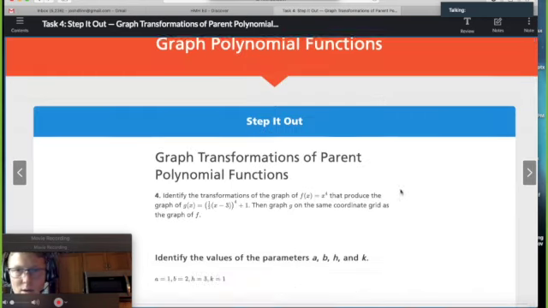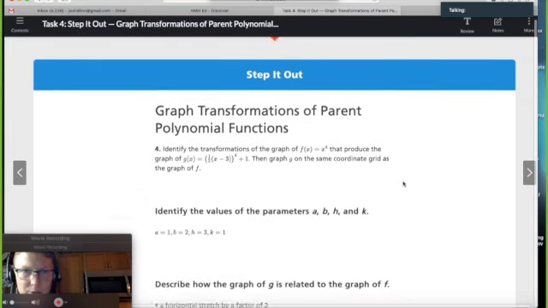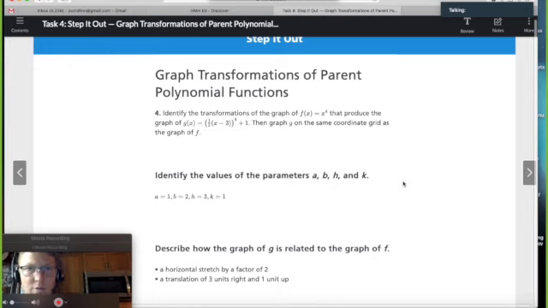So this is one more example, or another example, I should say. Identify the transformations of the graph f of x equals x to the fourth that produces the graph of g of x, and they give us an equation. Then graph g on the same coordinate grid as the graph. So this is the exact same thing we did, except it's using x to the fourth as opposed to x cubed.